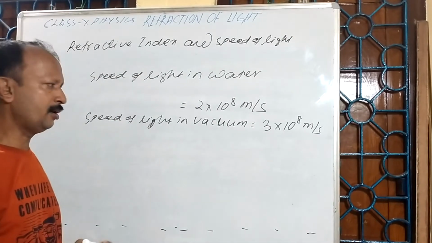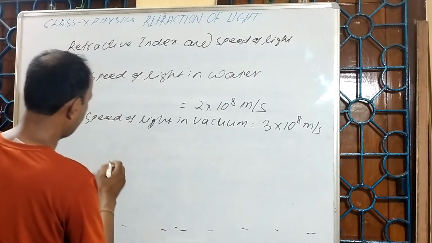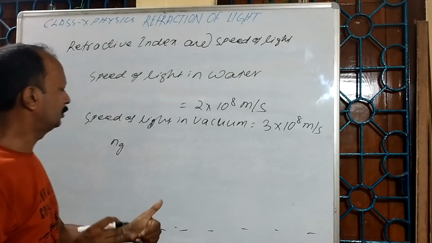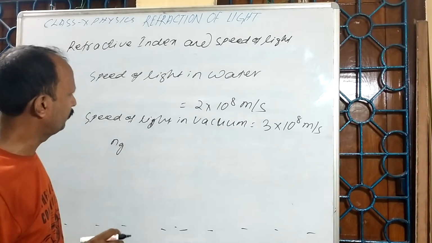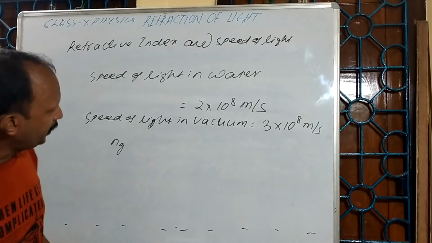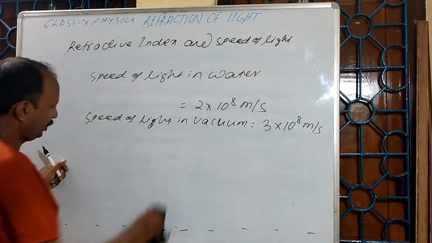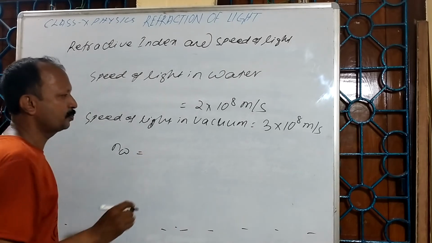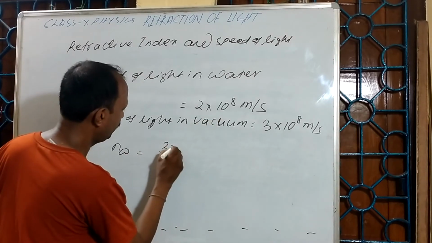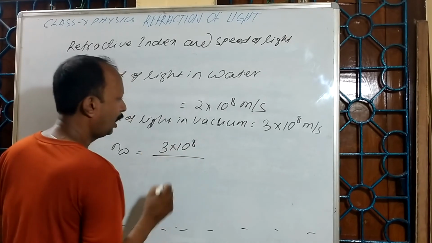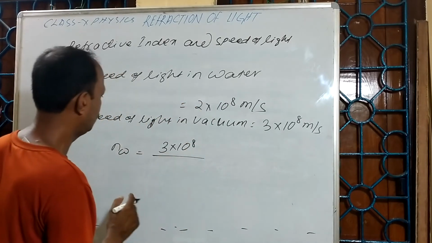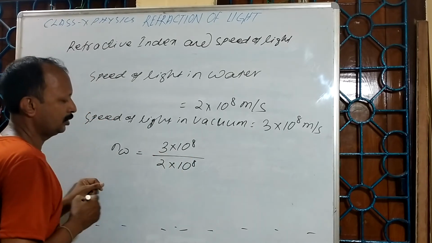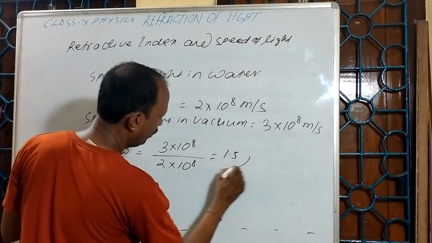Then what about the refractive index of the glass? So refractive index of the glass. Okay, so I have taken here water, speed of light in water. The refractive index is equal to speed of the light in vacuum, 3 into 10 to the power 8, divided by speed of the light in water, that is 2 into 10 to the power 8. So this is equal to 1.5.